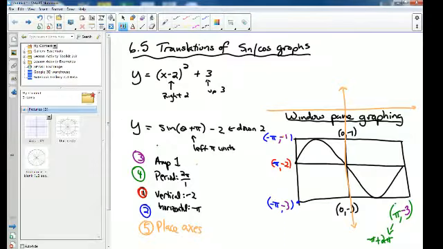Wait, so what's the thing with the window? See, 0, negative 1, negative 2, negative 3. Why don't we draw the window? We draw the window pane so that we can graph this, and we place our axes on it.